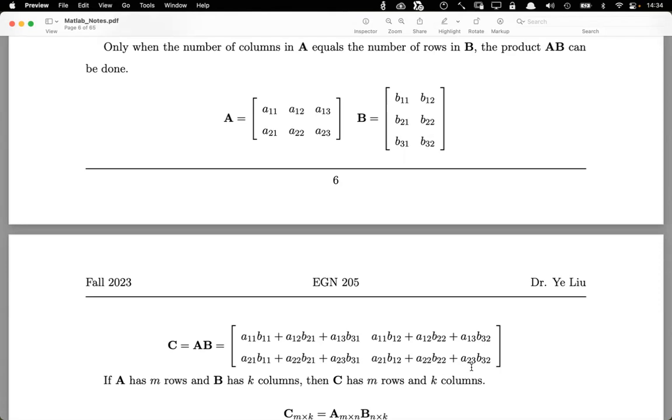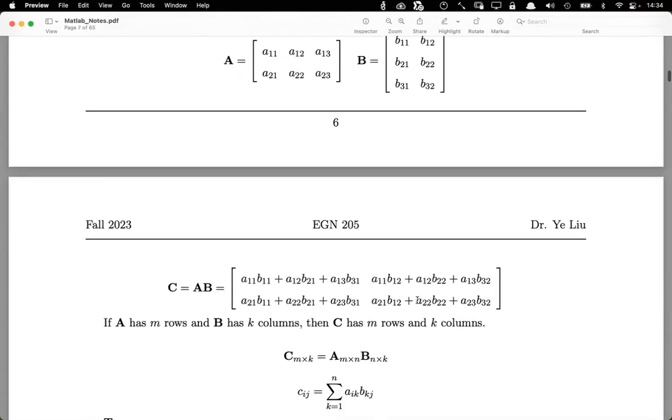C22 is row 2 times column 2. Then we can get this.